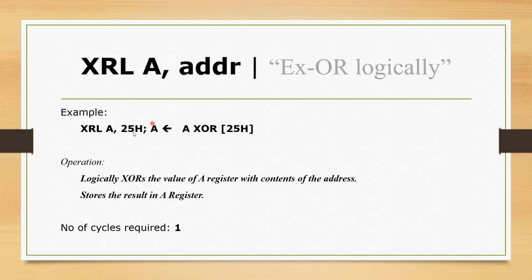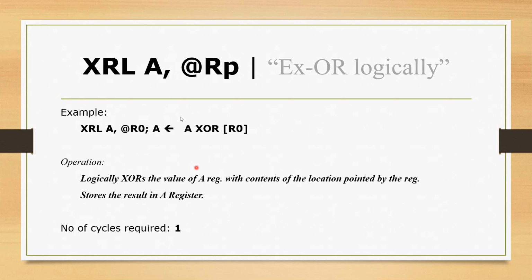XOR with an address, direct addressing mode: the A register value is XORed with the content of memory location 25 hex, and the result is stored in the A register. Then XRL A comma @RP, where RP is the register pointer. Here XRL A comma @R0 logically XORs the value of the A register with the content of the location pointed to by the register R0, and the result is stored in register A.